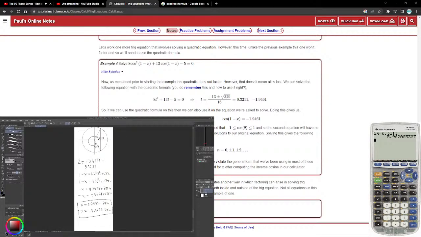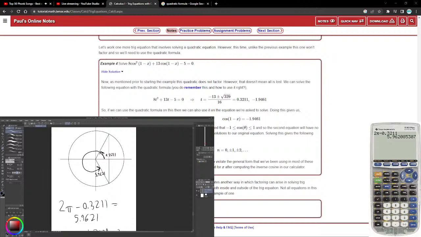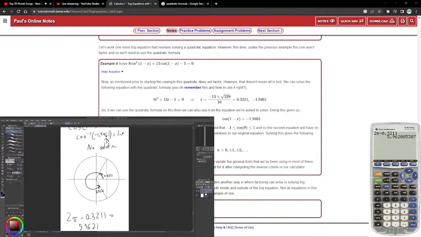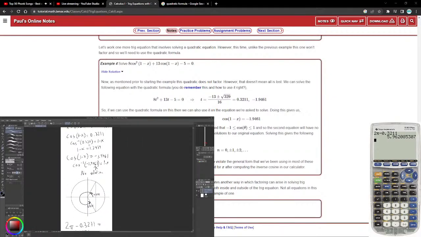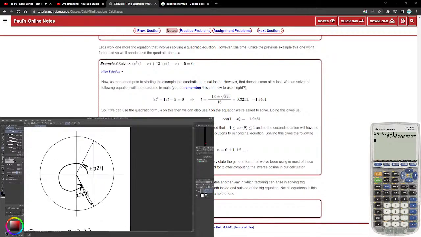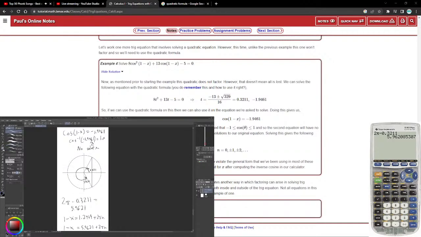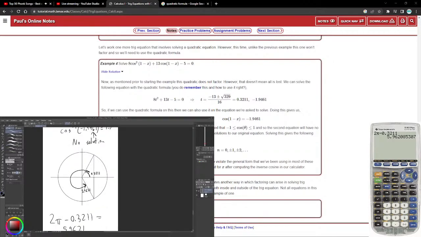What could I have done wrong here? It would have had to be when I subtracted. Okay, hold on. So this is 0.3211. It's cos, and it's positive, so for it to be positive, it has to be in this quadrant. So what I did was I took the entire circle, and I subtracted this triangle part.